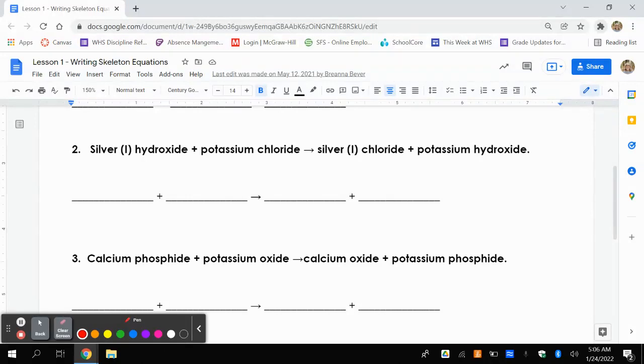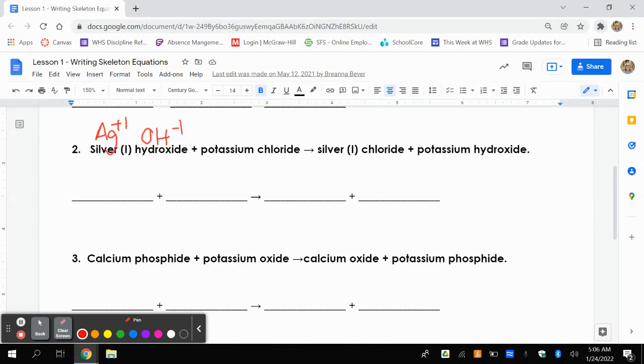And silver is one of our transition metals. So we have silver hydroxide. Silver is Ag and it has a +1 charge, and hydroxide is OH and it has a -1 charge.